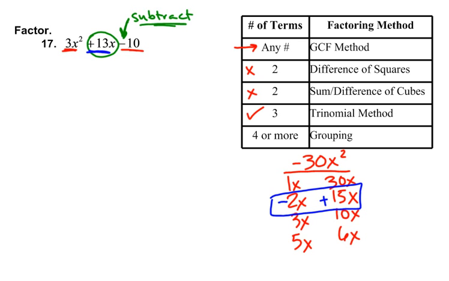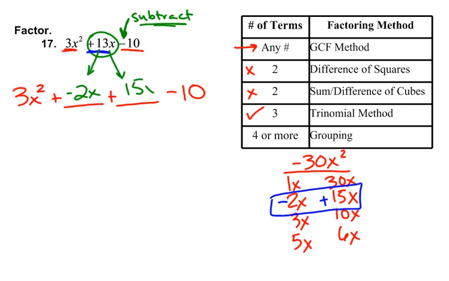Negative 2 and plus 15 will make positive 13. So now that we've found that, we're going to rewrite our problem. So we've got 3x squared. We're going to take that 13x and break it into two pieces, and then use that combination in our factoring. So the 13x is going to be broken, like we said, into negative 2x and plus 15x.